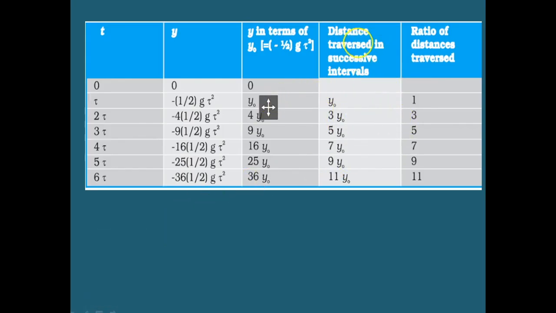The distance traversed in successive intervals is given by y0, 3y0, 5y0, 7y0, and if we take the ratio, then it will be 1 is to 3. So this is Galileo's law. We are getting the ratio of distance traversed the same as the ratio of odd numbers, isn't it? 1 is to 3 is to 5 is to 7, and it goes on.